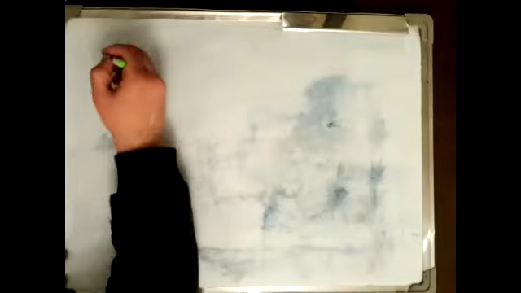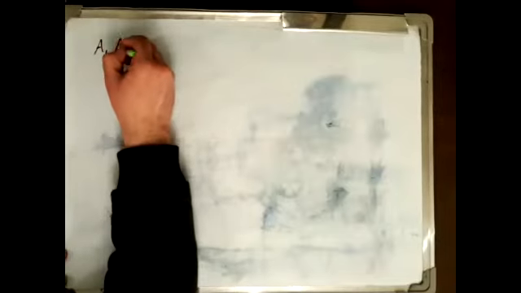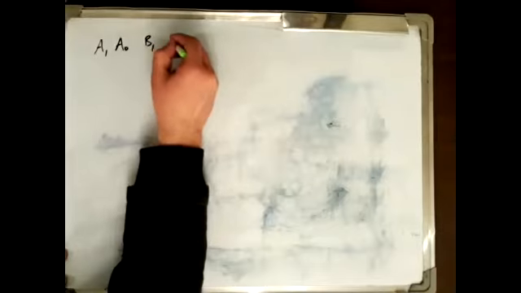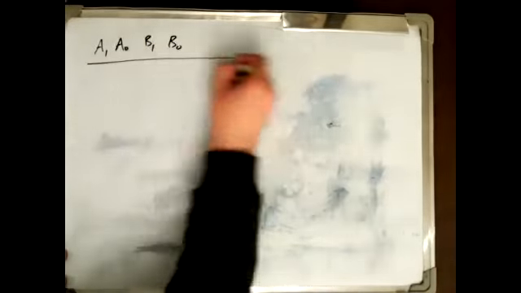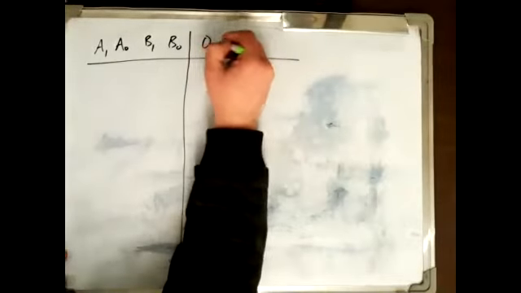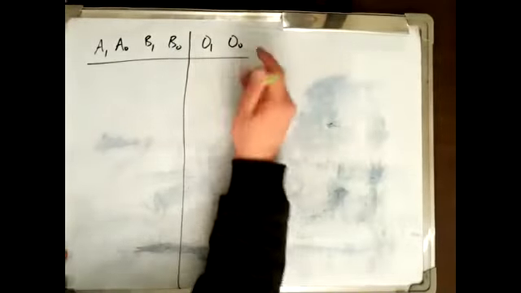So the truth table will have columns A1, A0, B1, B0, and output 1 and output 0.